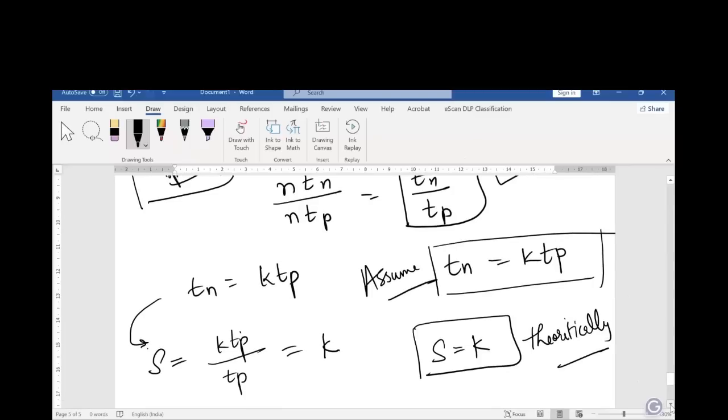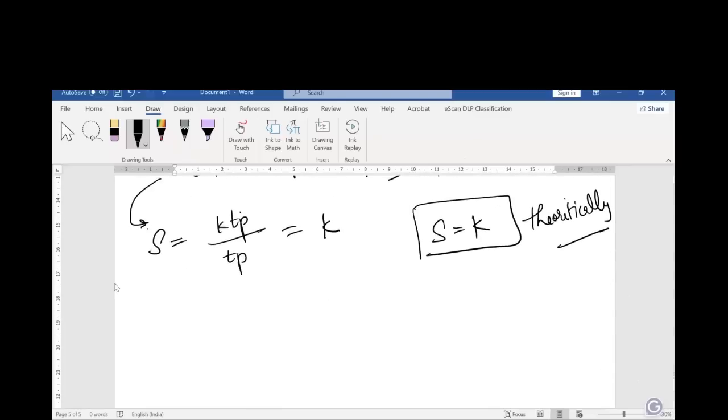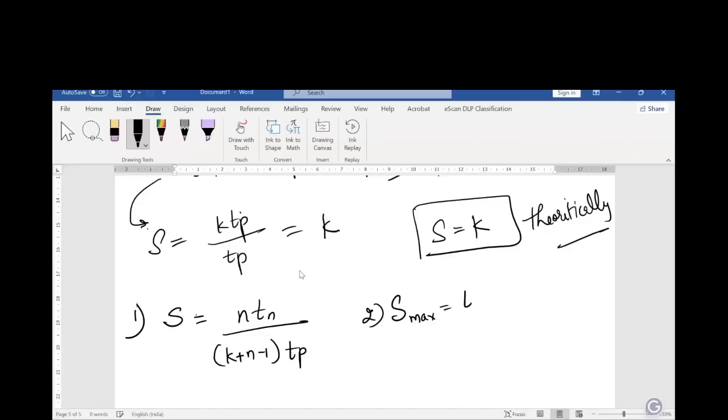So we identified three formulas. Formula 1 was the actual speed up ratio: n Tn upon (k plus n minus 1) Tp. The second formula was the maximum speed up ratio, which is equal to Tn upon Tp, when k is much, much less than n.